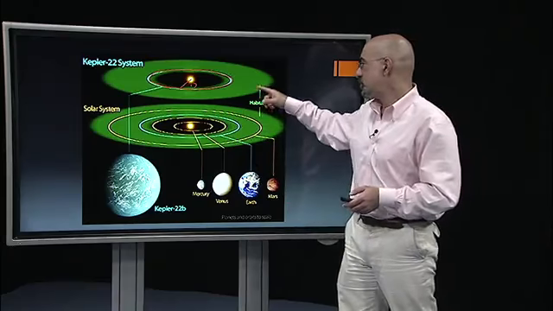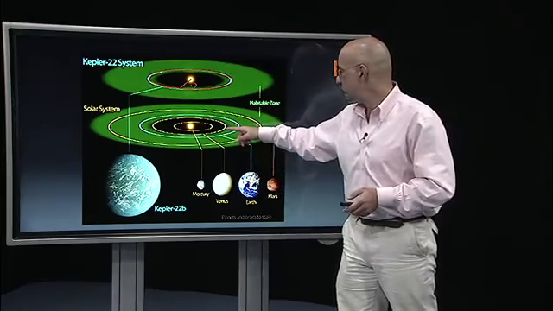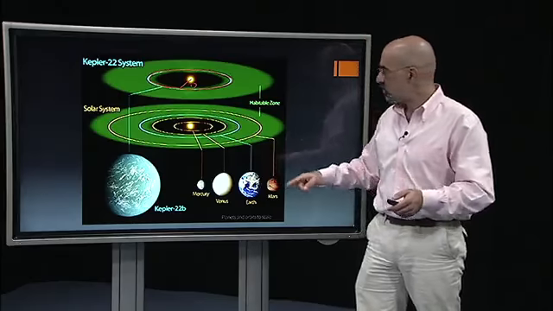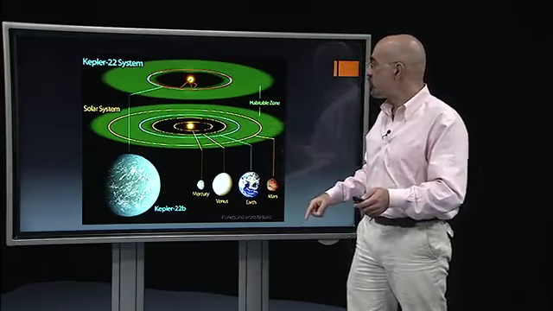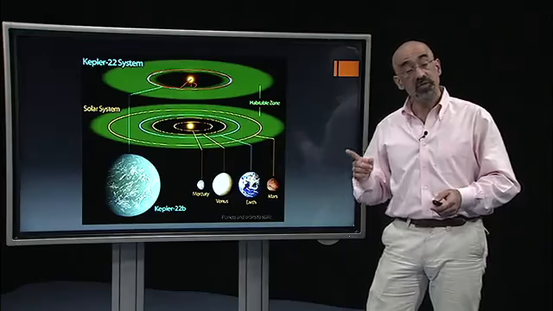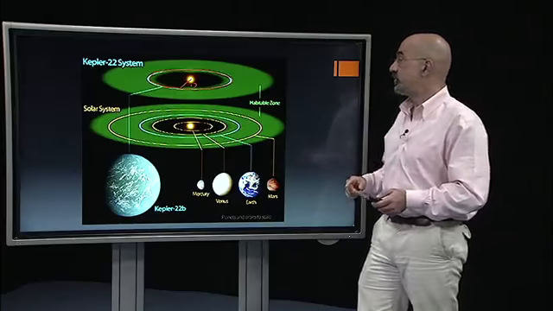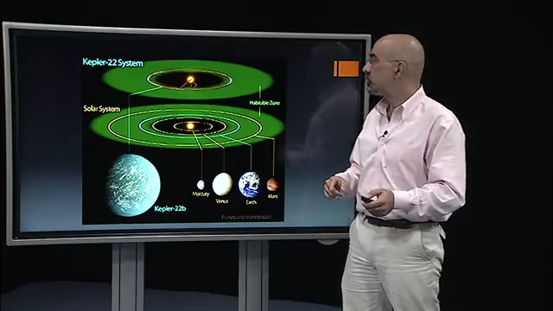Now, you'll notice in this figure, this is from a NASA diagram, they put Mars within the habitable zone. The exact location of the habitable zone depends upon your assumptions about the albedo of the planet and also your assumption about the planet's atmosphere. And we're going to turn to the effect of the atmosphere next.